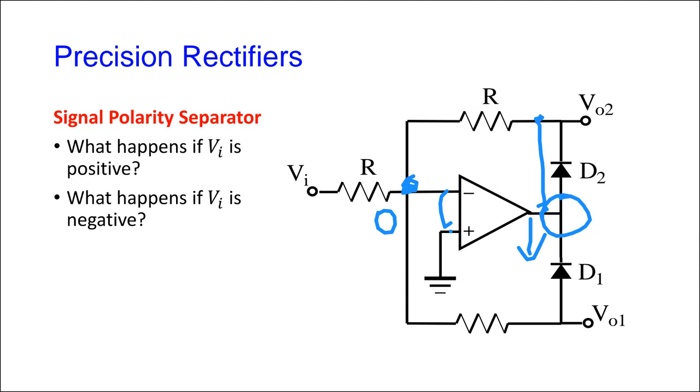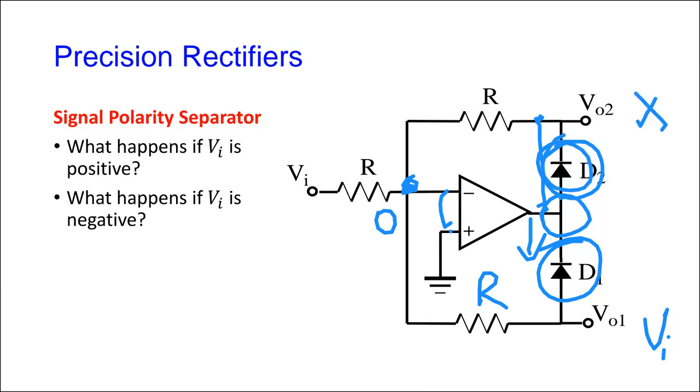If it goes negative, then this diode is off and this diode is on. A negative on the cathode biases the diode to turn on. So what's going to happen if Vn goes negative, then whatever happens here, this is supposed to be R as well. Vn goes negative, it appears here. Nothing appears here because D2 is off.